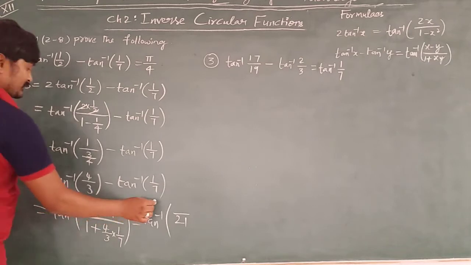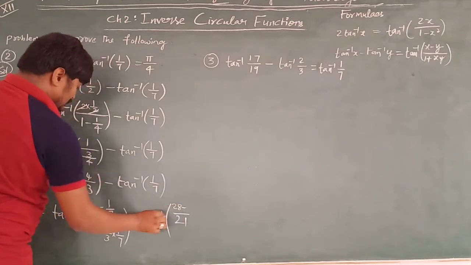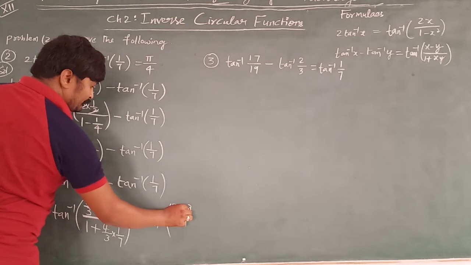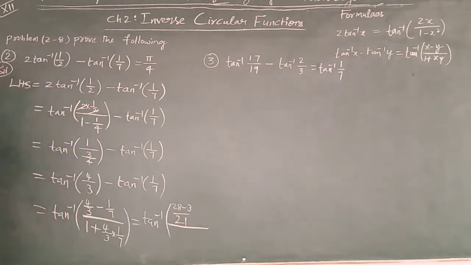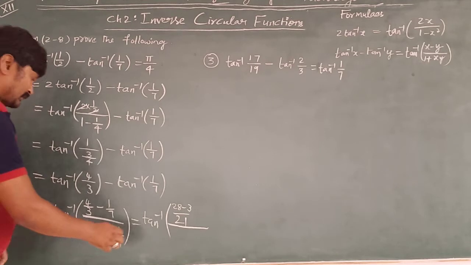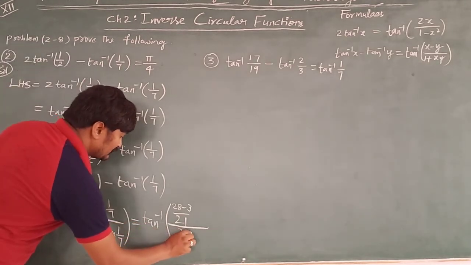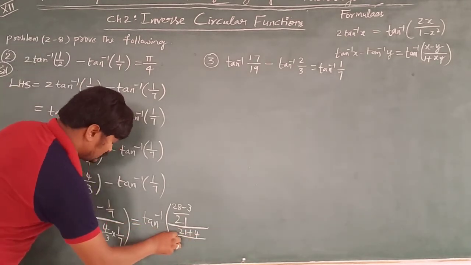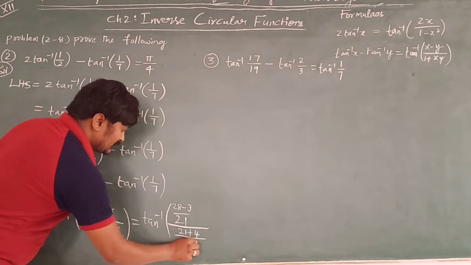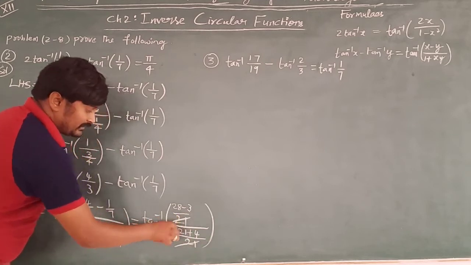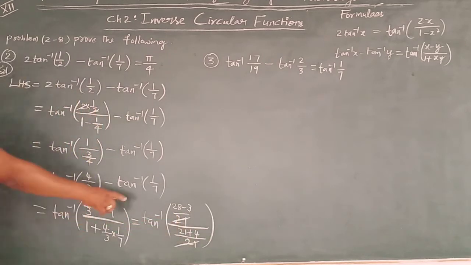So 7 4s are 28 minus 3 1s are 3, upon, again LCM is 21. 21 1s are 21, 21 plus 4 1s are 4. So 21 plus 4 upon 3 7s are 21, 21 gets cancelled. 28 minus 3 is nothing but 25.